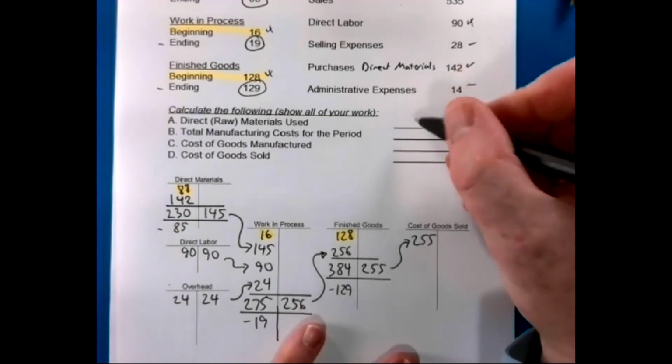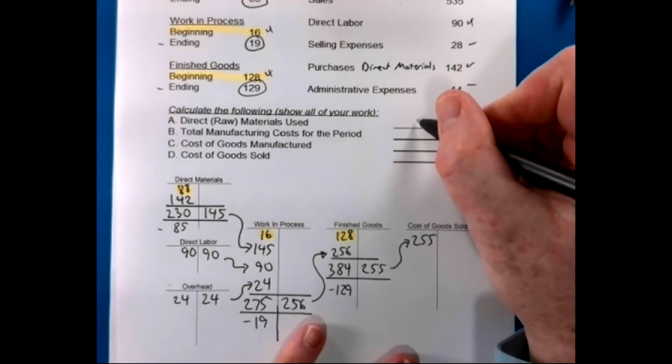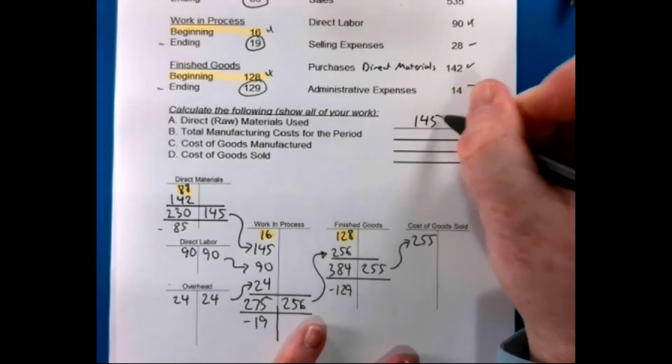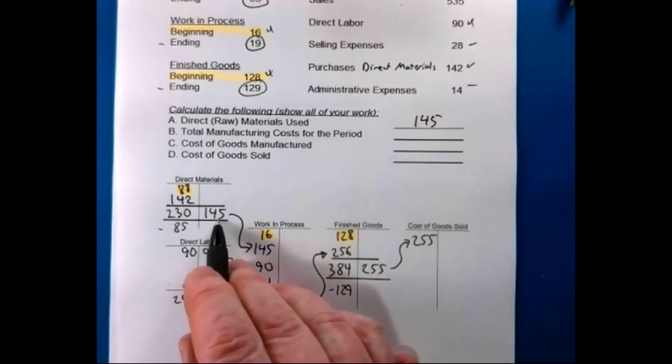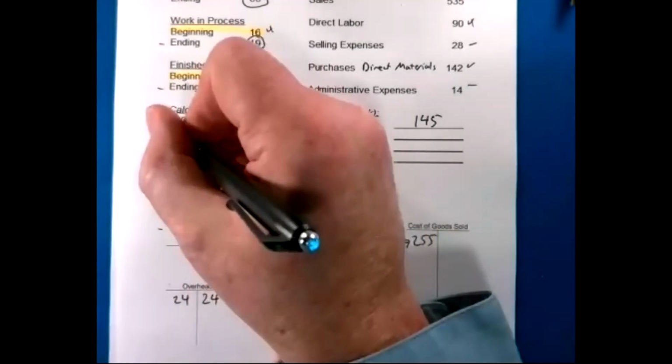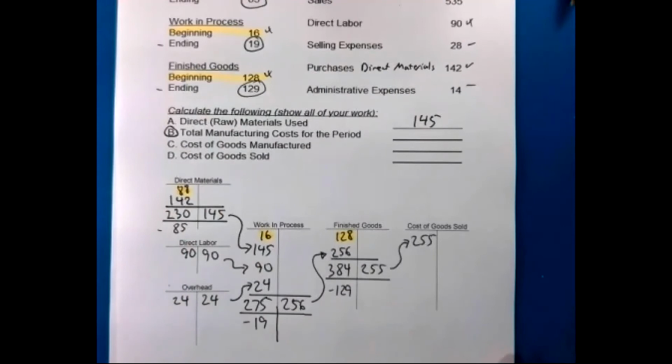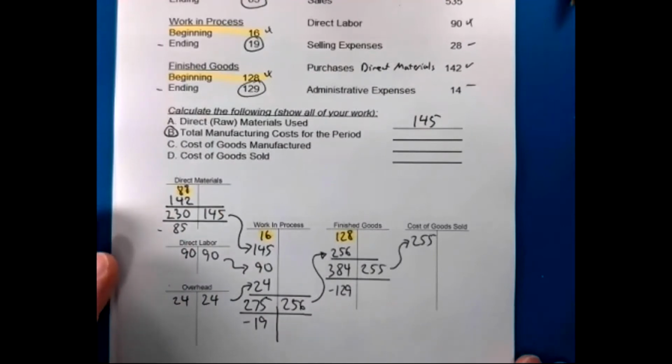Okay, filling in our little grid up here. We have 145. That was the amount of direct materials that we used. I'm going to circle B out. If I can come back to that one, I think I'll show you guys how to do that one.